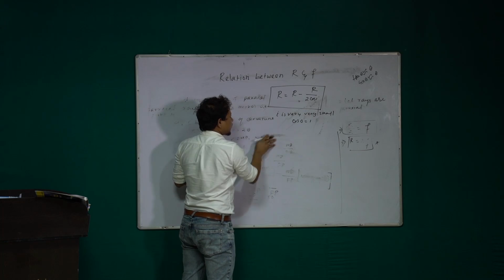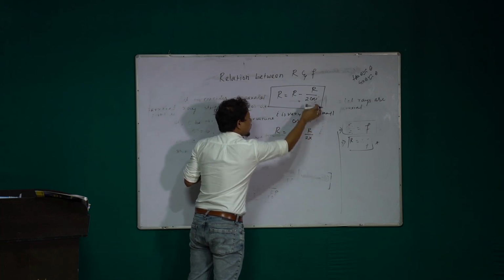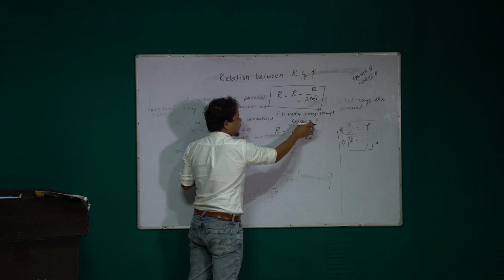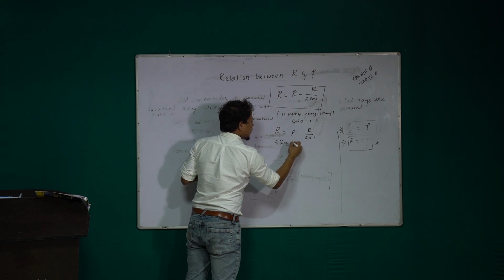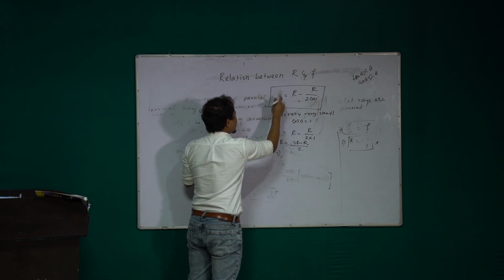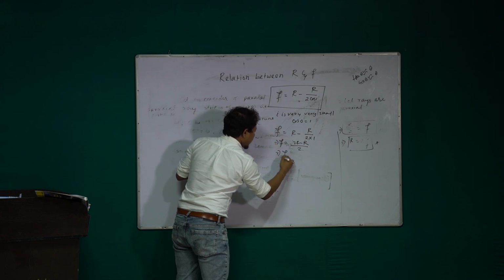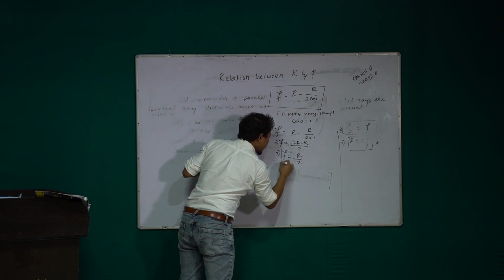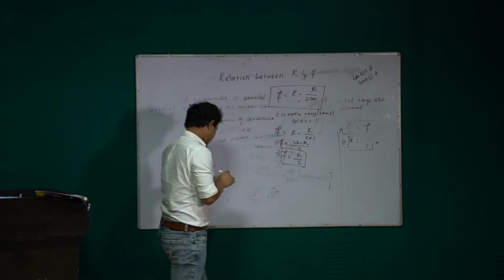If we put these results in the standard equation, the value of cos I is 1. So F equals, if we take LCM, twice R minus R. Sorry, this should be F. So F equals R by 2. This is for the paraxial ray that we have just deduced.